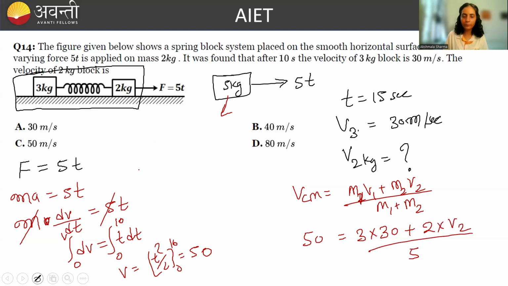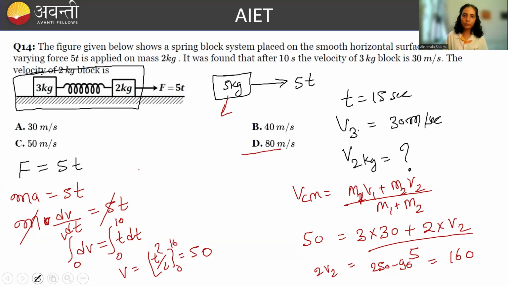Divided by 5. So this 2 V2 is equal to 250 minus 90, which is 160, and V2 will become equal to 80 meter per second. So what will the correct answer be?